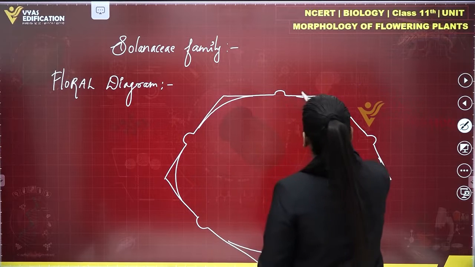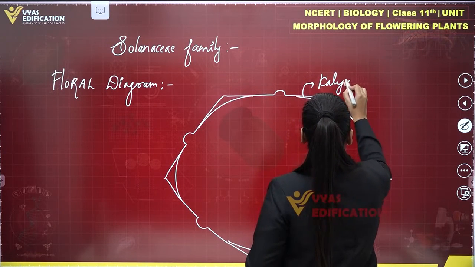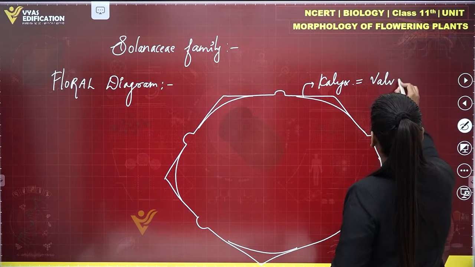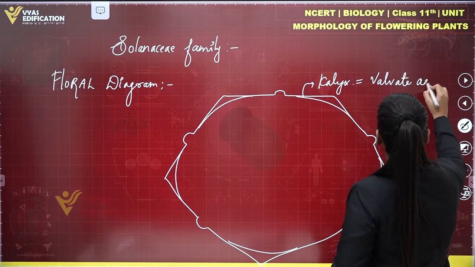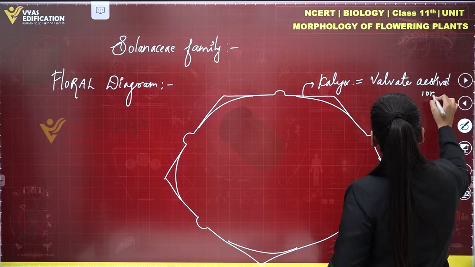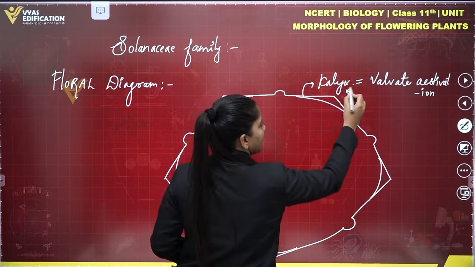So these are the calyx or sepals with valvate estivation.